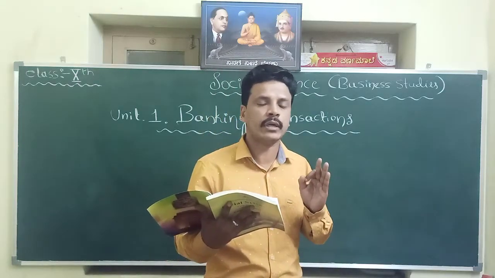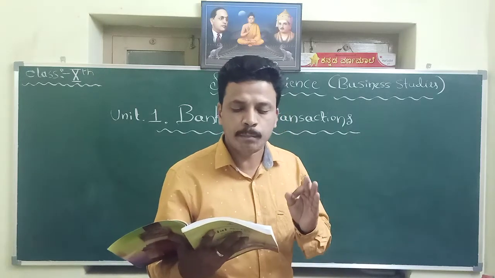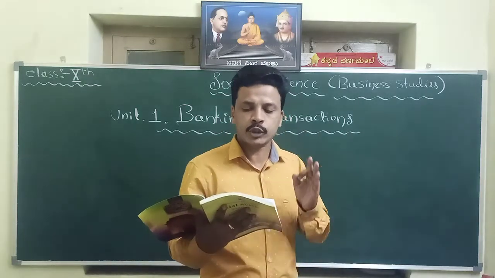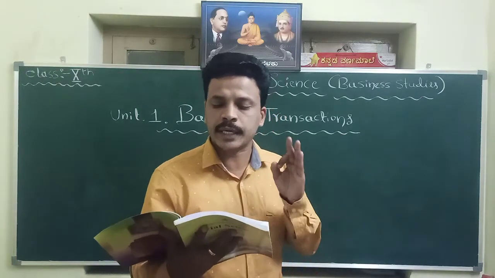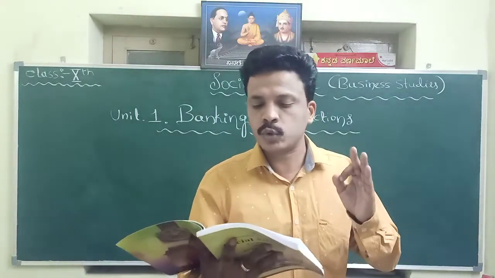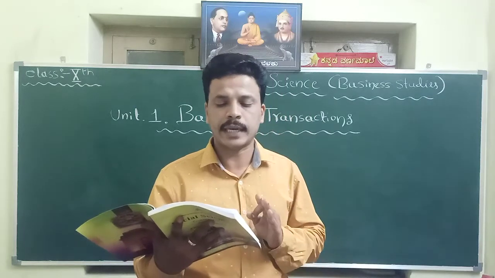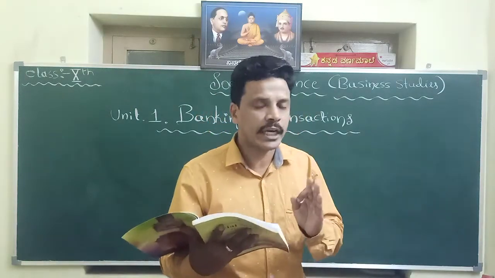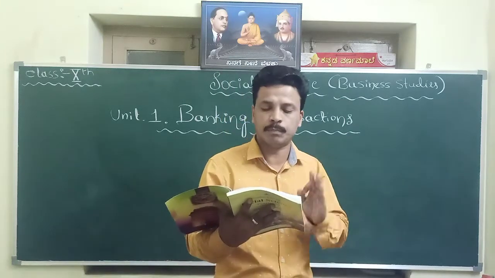Next very important learning point, relationship between bankers and customers. The relation between a banker and customers falls under two broad categories, namely, first one, general relationship, second one, special relationship.